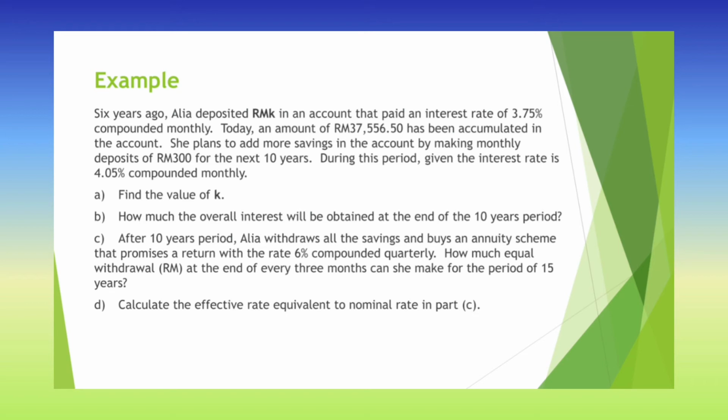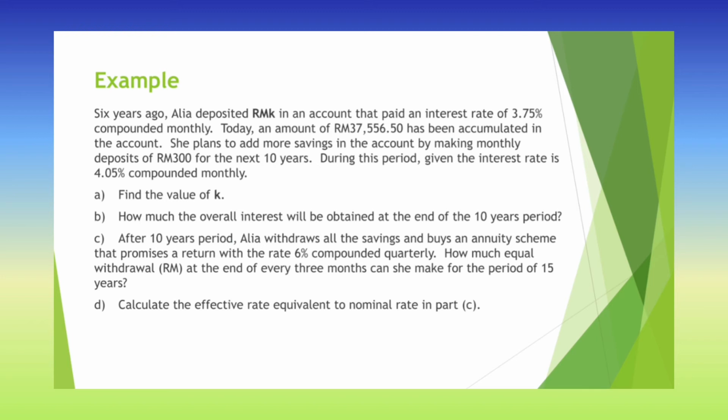Next example. 6 years ago, Alia deposited RM K in an account that paid an interest rate of 3.75% compounded monthly. Today, an amount of 37,556 and 50 cents has been accumulated in the account. She plans to add more savings to the account by making a monthly deposit of RM300 for the next 10 years. During this period, the interest rate is 4.05% compounded monthly.